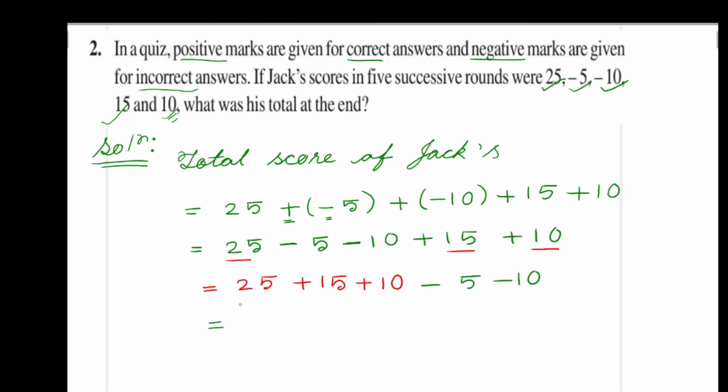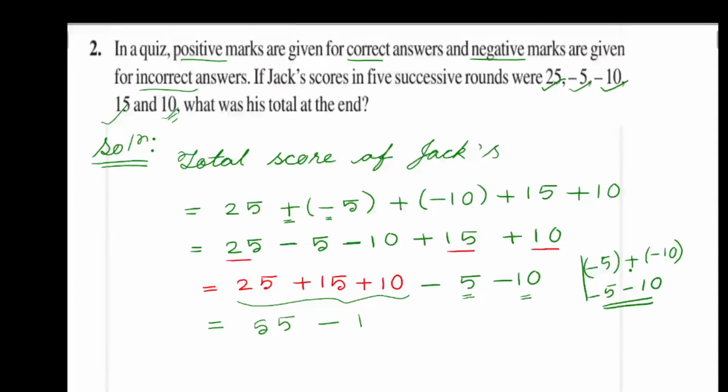After adding these 3 numbers, we will get 50. See, these two are negative. So, when two numbers are added, that means what? See, minus 5 plus minus 10. So, can we write minus 5 plus into minus, minus 10? If two numbers are like that, then you have to remember that both are added.